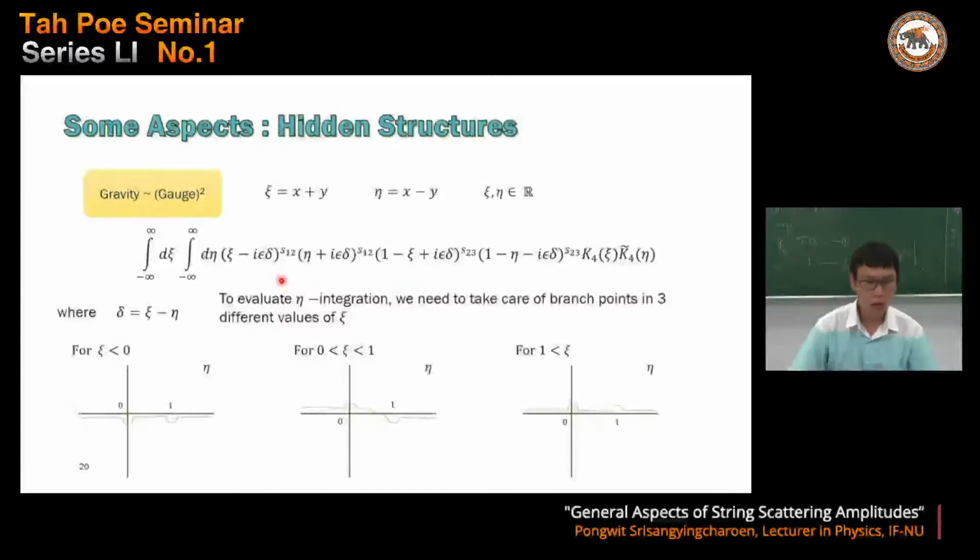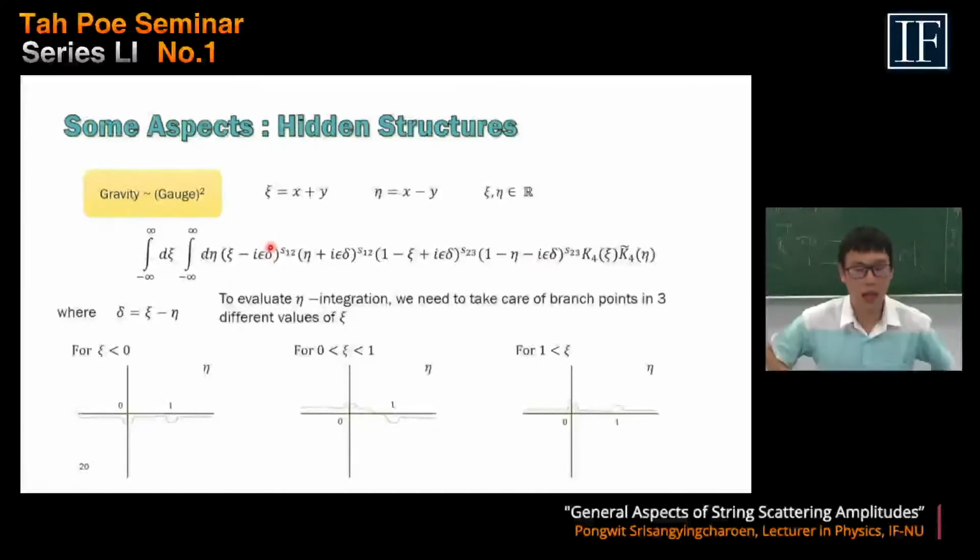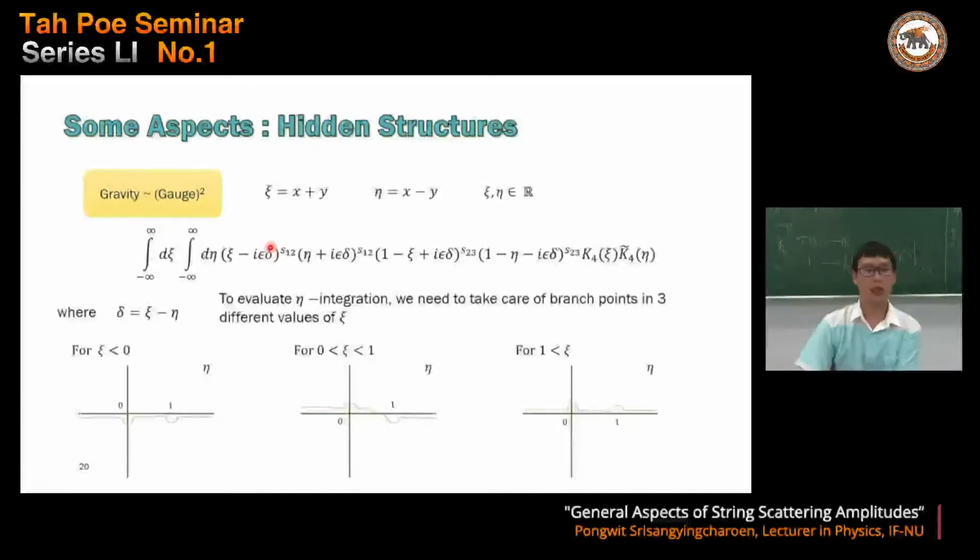But in order to integrate, we need to take care of the branch points, which occur near 0 and near 1, and the branch points are shifted in the imaginary direction by a small amount delta here.